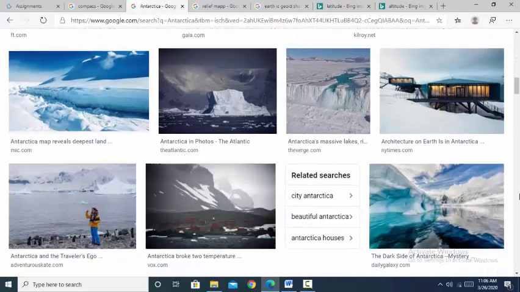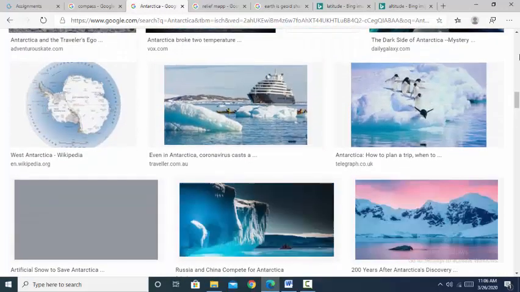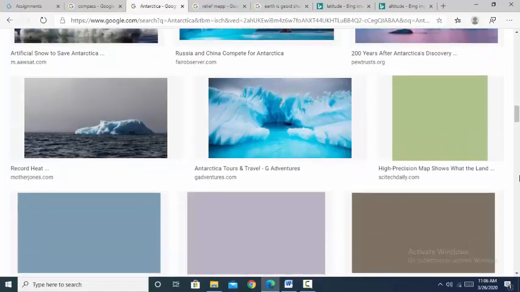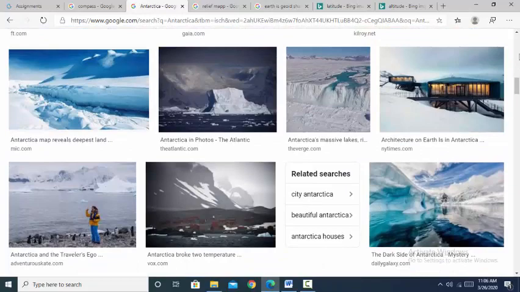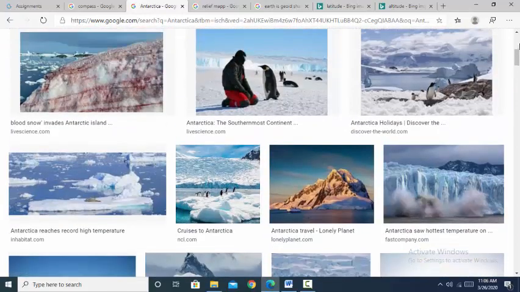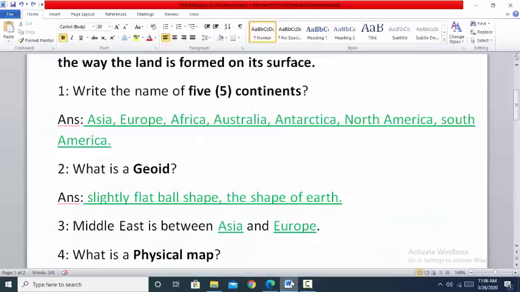Extremely cold. You need to wear heavy clothes in order to withstand the below-zero temperature. And then we have North America and South America.